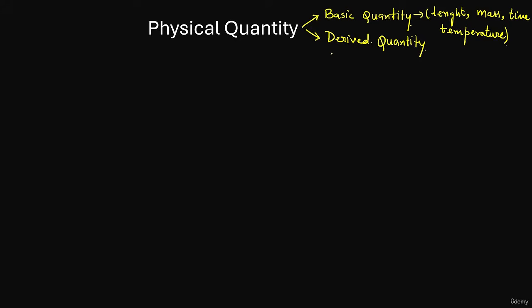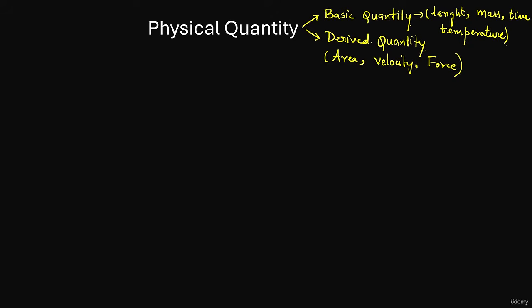So derived quantities could be area, velocity, force, acceleration, volume, etc. The list goes on. Area is generally expressed as square meter or square centimeter. When we multiply centimeter with centimeter, we get square centimeter.